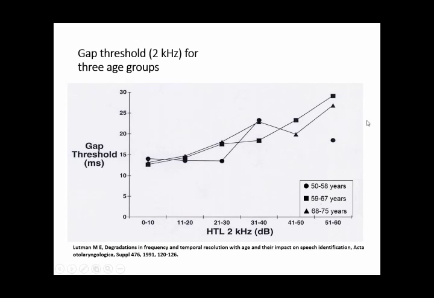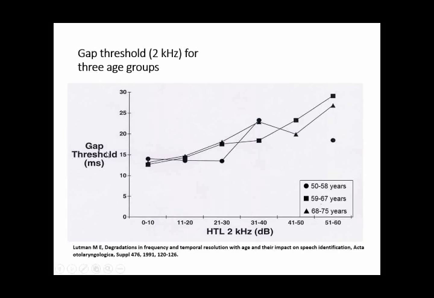And what do you conclude if you're looking at these three lines? There is not so much an effect of age. There is a little bit going up and down, but on average, the three age groups look fairly similar. However, there is a definite effect between the hearing threshold level and the gap threshold.